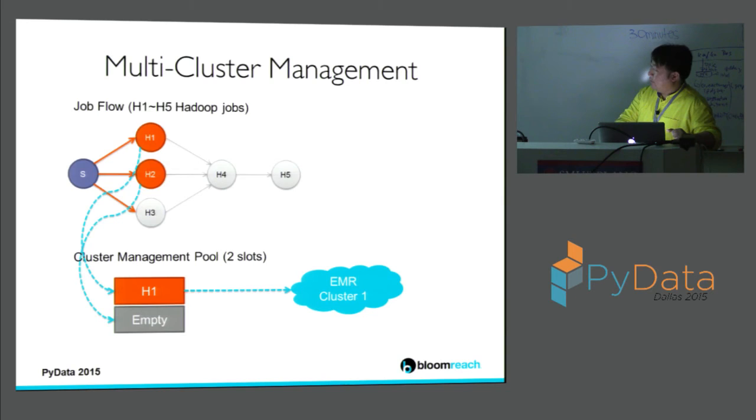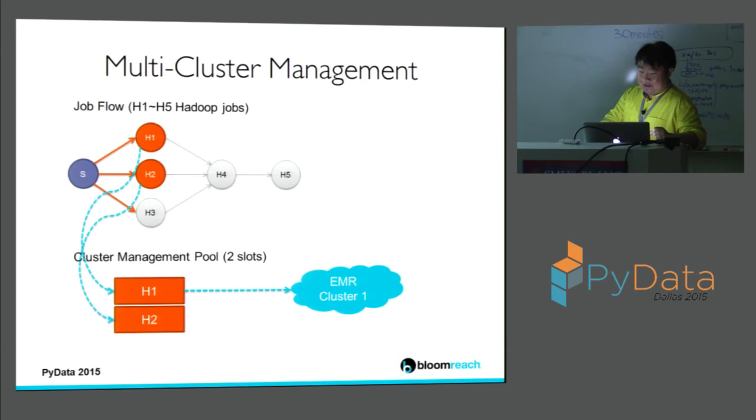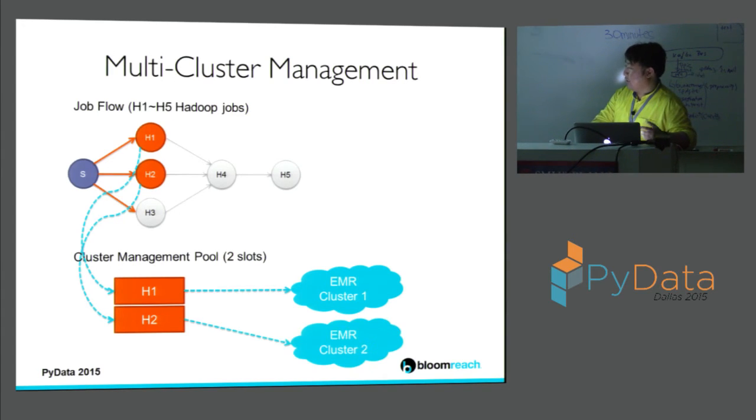Similarly for H2, it finds an empty slot, and there is no EMR associated with this slot, so it creates another one. Now the interesting thing happens to H3 because there are no available slots. So this thread is blocked.